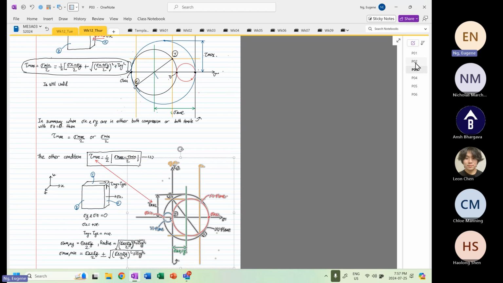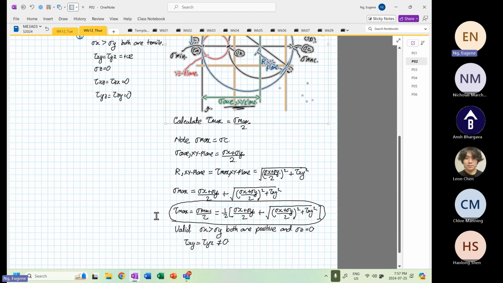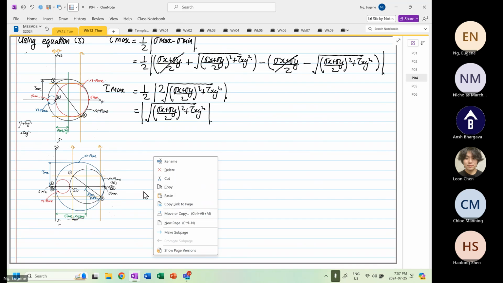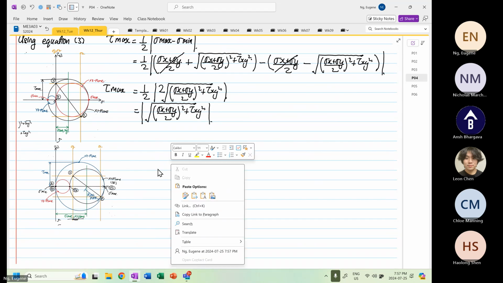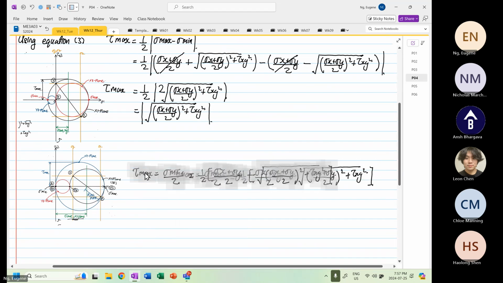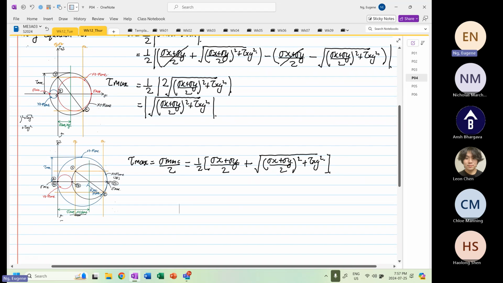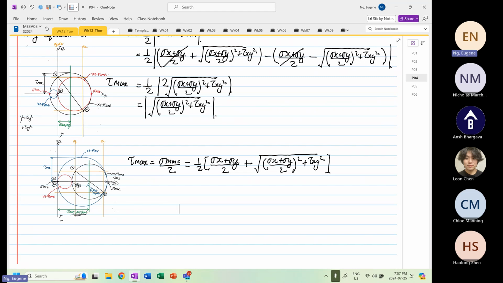You have to use this equation now, or you have to calculate your tau max based on this expression over here. Then you have to apply this. So you can see the difference now, right? Both are Tresca, and it also depends on how your Mohr circle looks. The formulation is different.